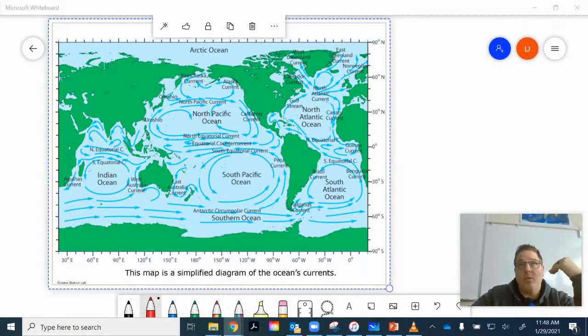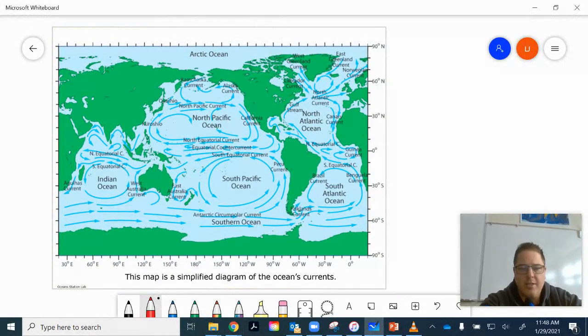Now, what we're going to look at is this idea of a map with a bunch of arrows on it. And so you're going to be asked a couple of things, but what is this map actually showing us, Mr. Jensen? What is this thing about? Well, as you can see, there's blue lines all the way through the ocean, and these blue lines are showing you ocean currents.